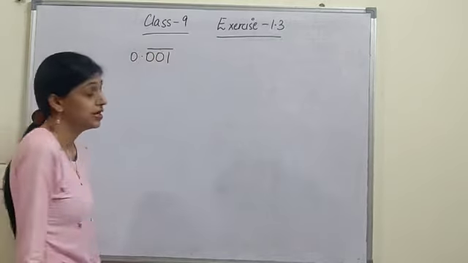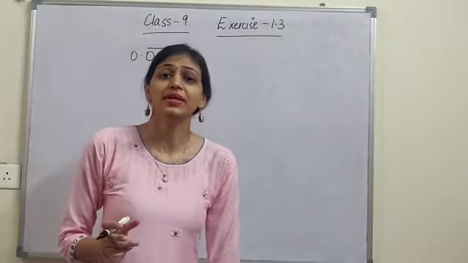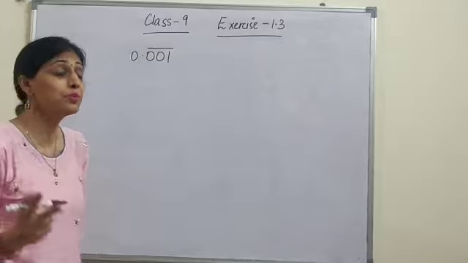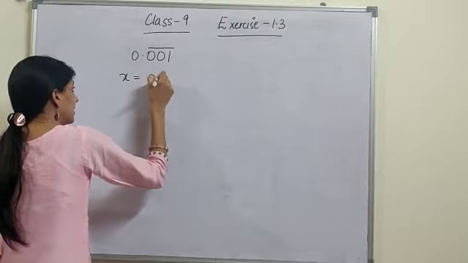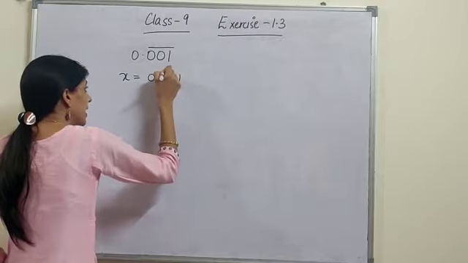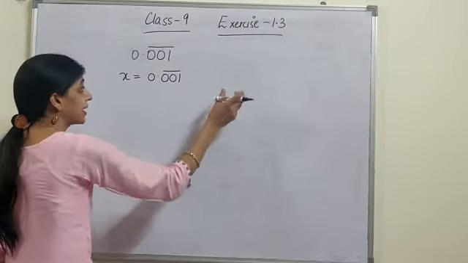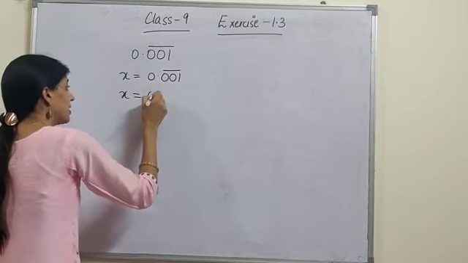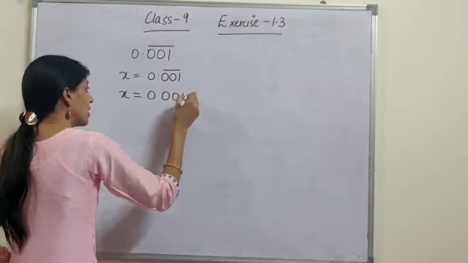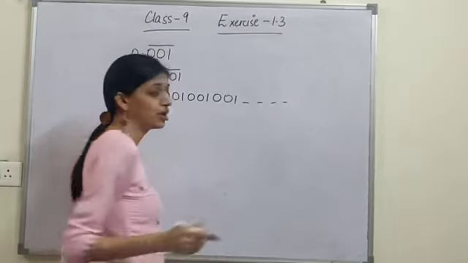0.001 bar. Now, if you are looking carefully, the bar is now on 3 numbers. That means first step, write it equal to x. Now, these 3 numbers are repeating again and again because the bar is on 3 numbers. So we can write it as 001, 001, 001 and so on.